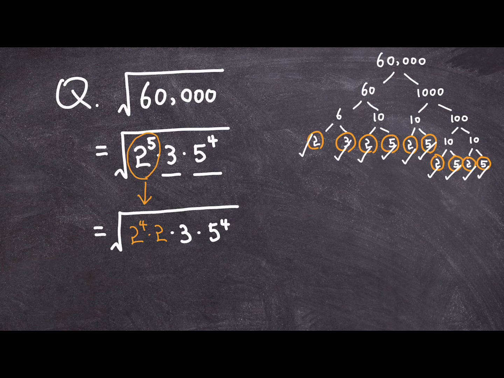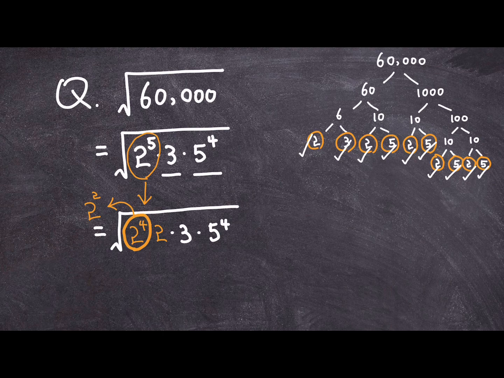And this way, I know that 2 to the power of 4 gets to escape the radical sign as 2 to the power of 2. Because when you're escaping the square root sign, the exponent gets halved, which means you have an exponent that's 1/2 of the original exponent.